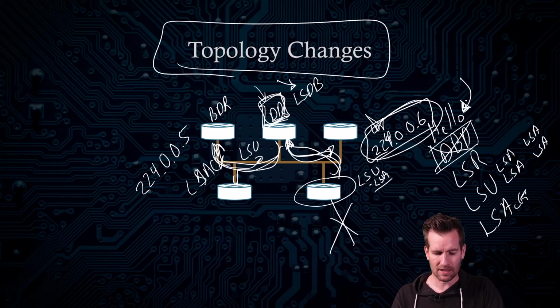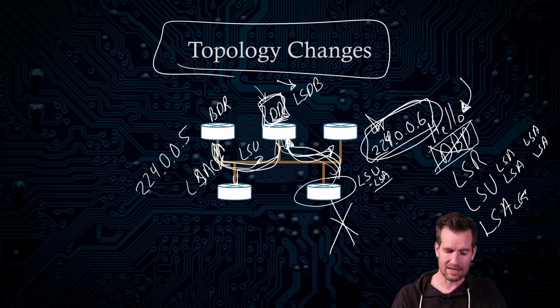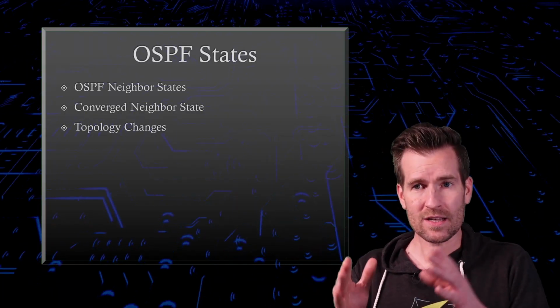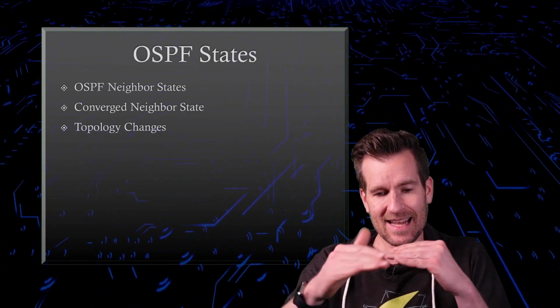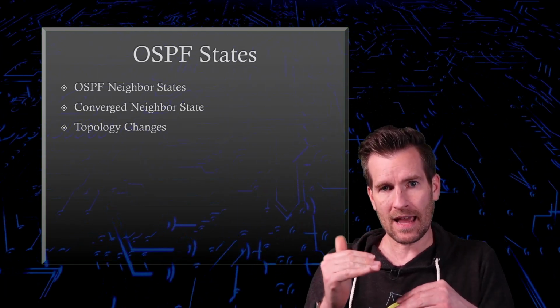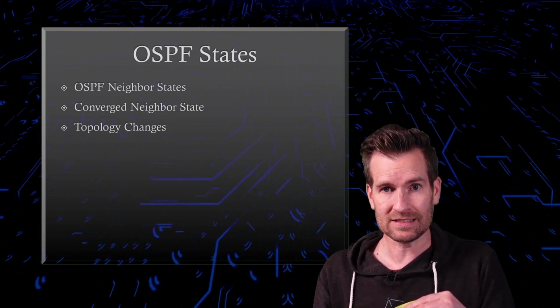So that's the topology changes. If there's a topology change, everything goes through that designated router. So there we have it. We talked about those different OSPF neighbor states, and as it's establishing communication with each one of its neighbors, it's going to bring that communication through those different states.